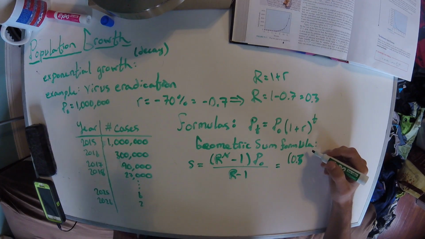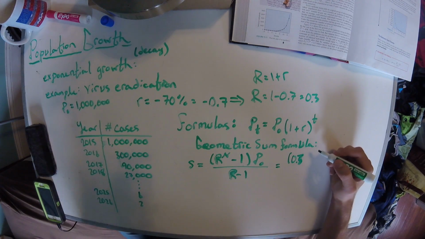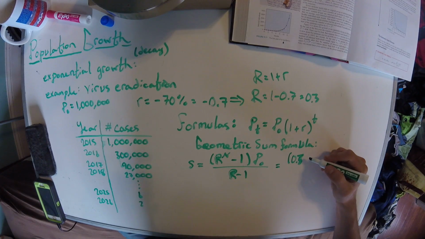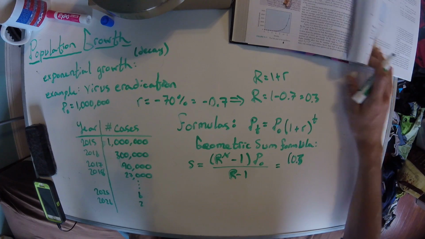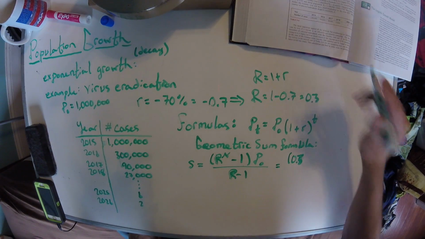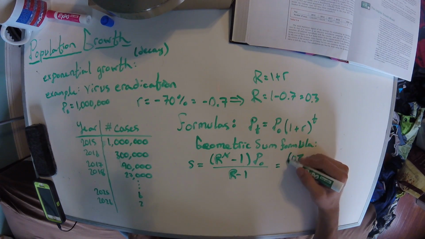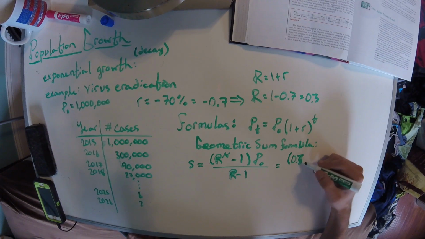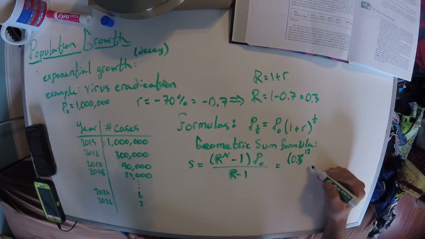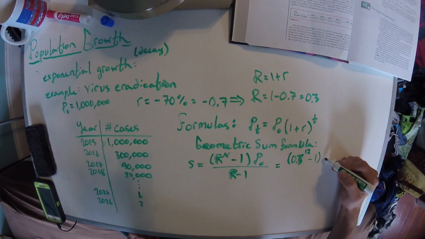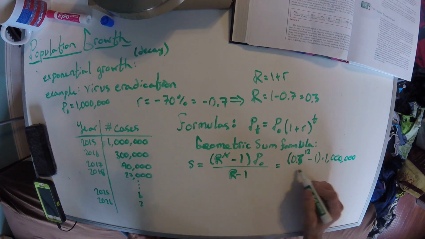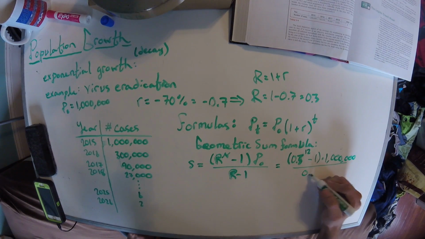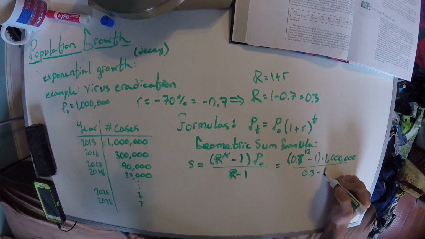Let's say we're doing this over 12 years. So we'll do 0.3 raised to the 12, minus 1, then times 1 million over 0.3 minus 1.